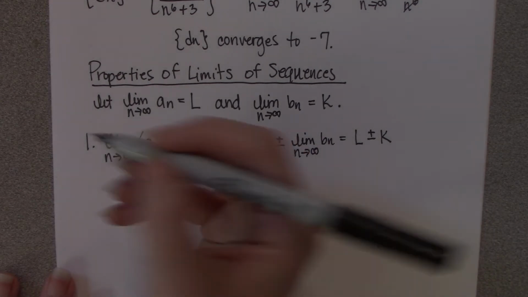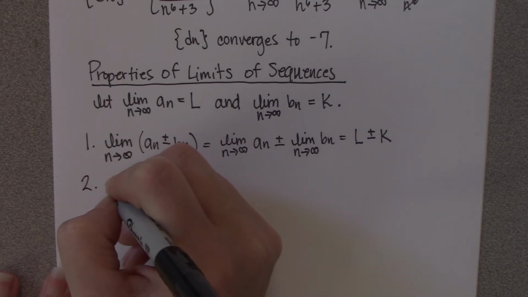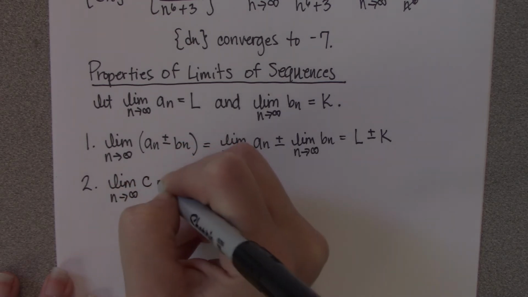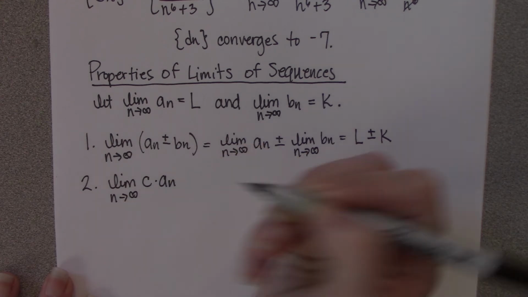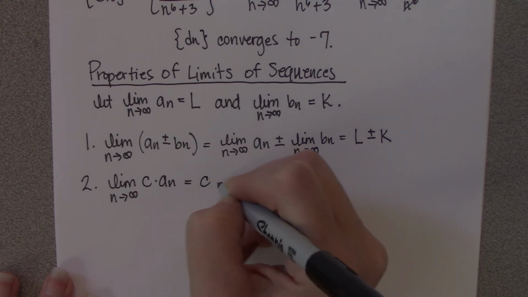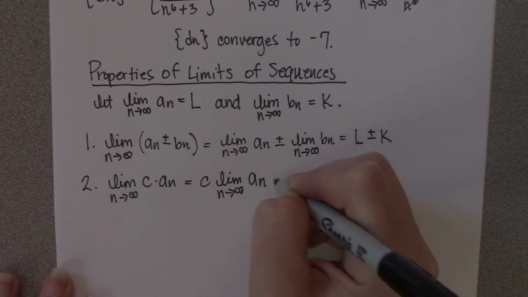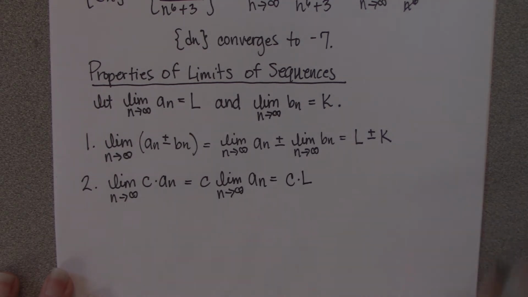All right. Similarly, if we throw a constant into the mix, some known constant C times our sequence, well then I'm allowed to pull that constant out front. So your result would just be the constant times the original limit.